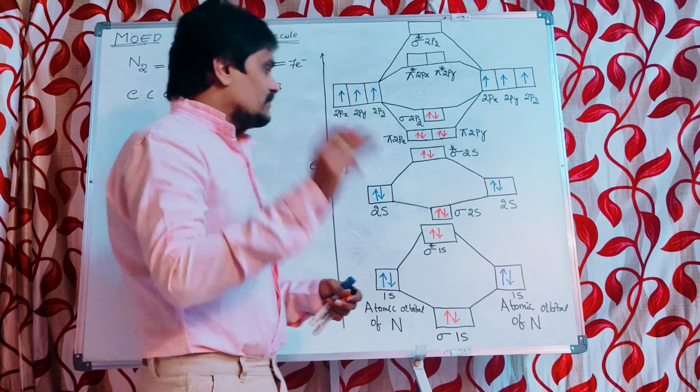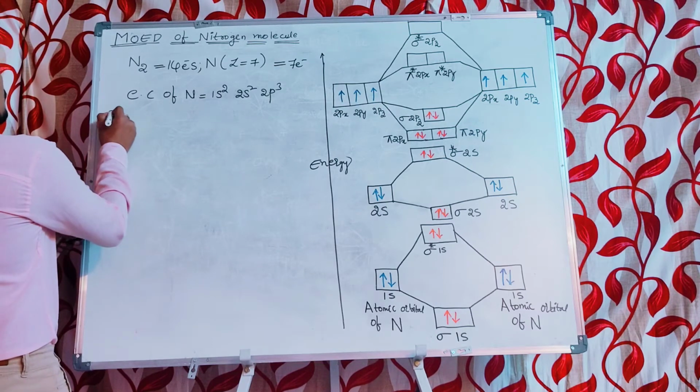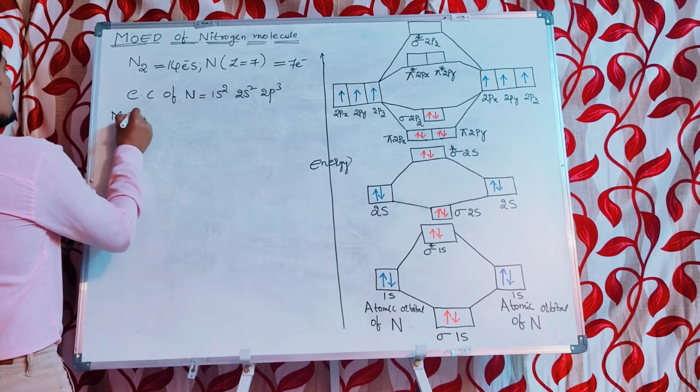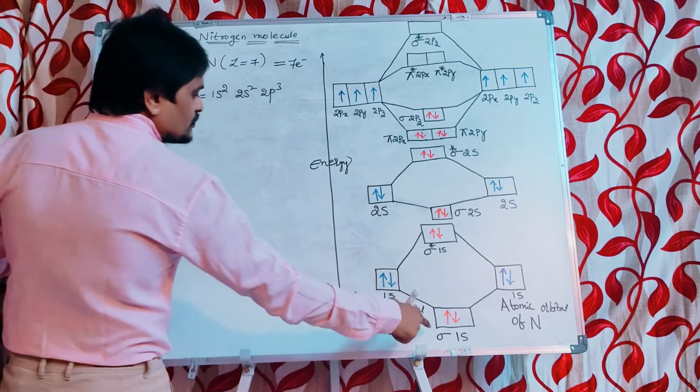We have to follow that. So accordingly, what is the molecular orbital electronic configuration for this molecule, students?